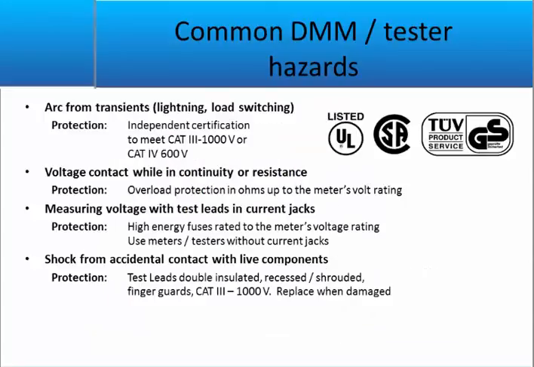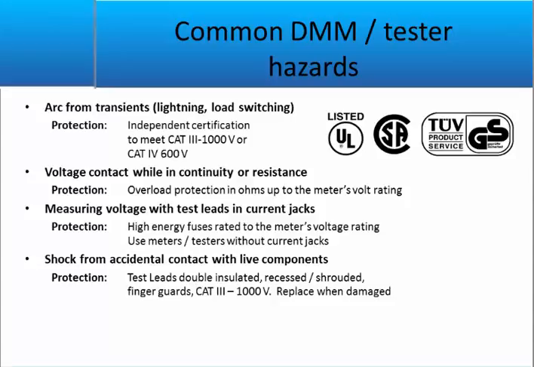Common problems which could occur in a multimeter are that you apply too high a voltage to it, such as measuring voltage when the meter is set to resistance or continuity, in other words, an overload.